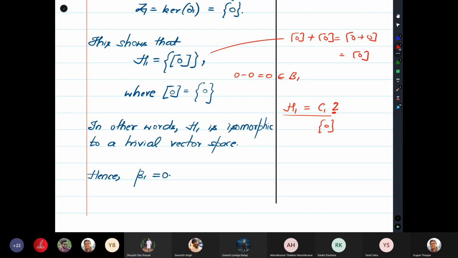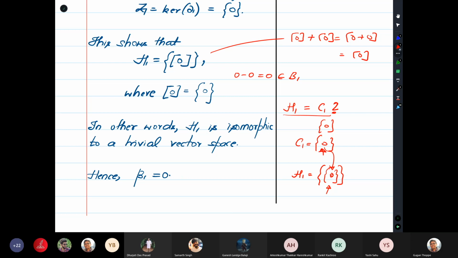C1 is a set made up of the element 0. H1, on the other hand, is also a set, but the element of H1 is another set which includes this 0. So the difference between C1 and H1 is that C1 has an element 0, whereas H1 has a set which includes the element 0.